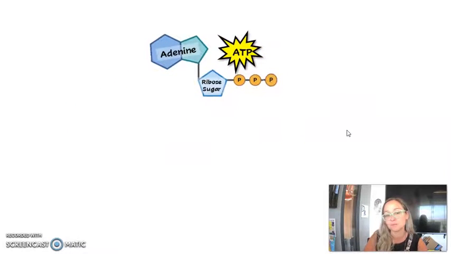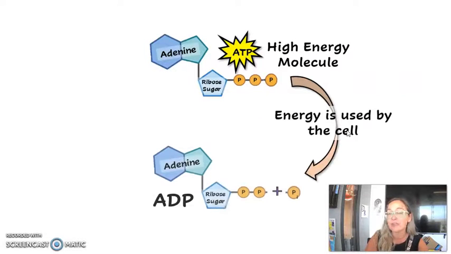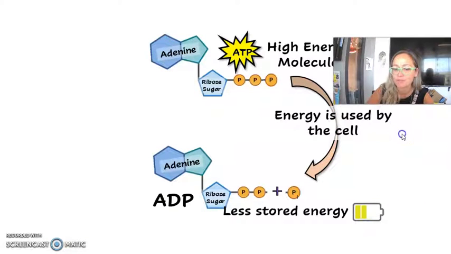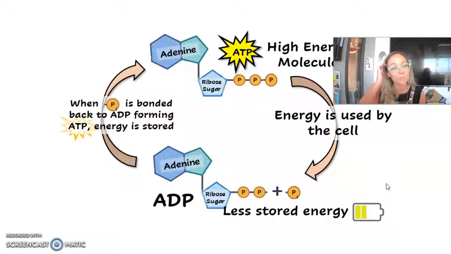So when we look at the big picture, we have ATP, a high energy molecule, and when energy is used by the cell, we hydrolyze that third phosphate group, releasing energy, which leaves us with less stored energy in the molecule. And then we can attach a phosphate group back to ADP, phosphorylating ADP back into ATP.